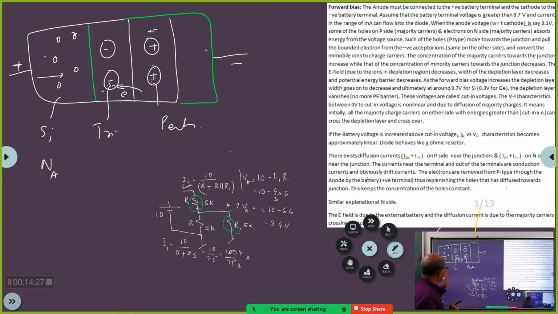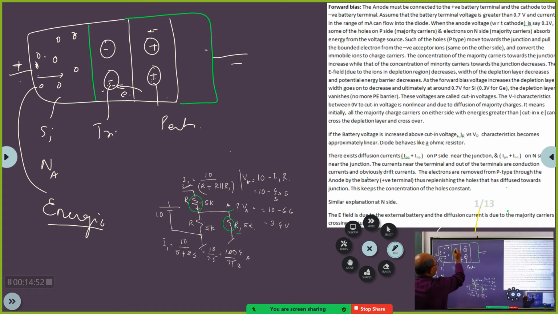That is one way to look at it, because they will be repelled, because this is positive. Second thing is these holes will get energized. That is, this voltage source will provide energy, and if these holes absorb this energy, they will get energized. So these energized holes, what will they do?